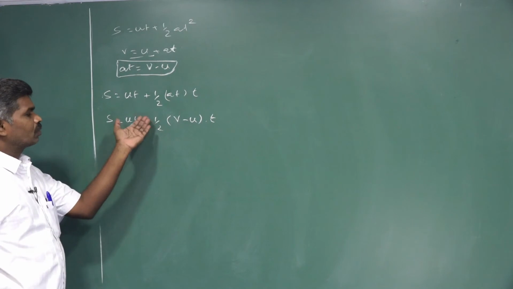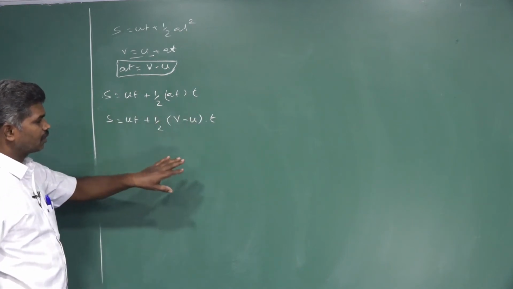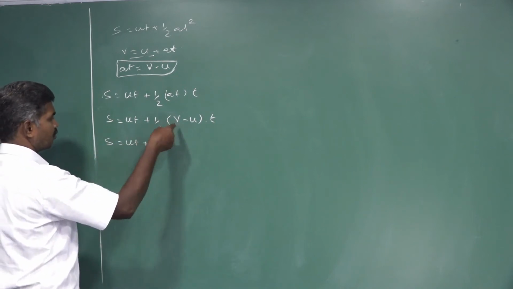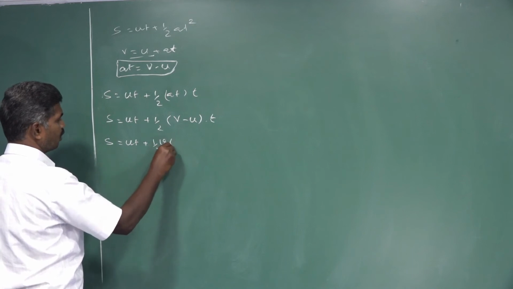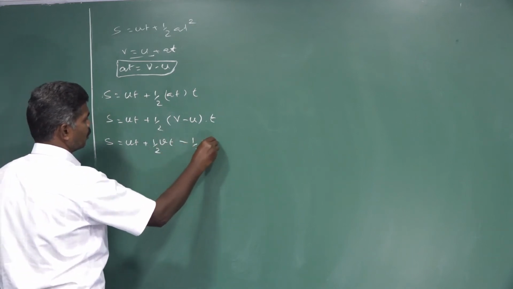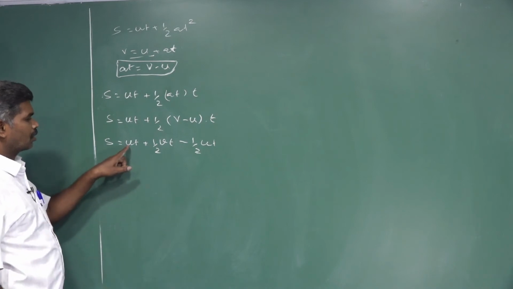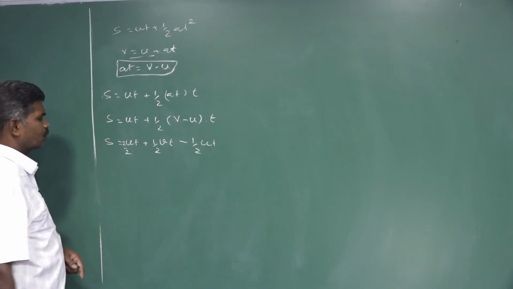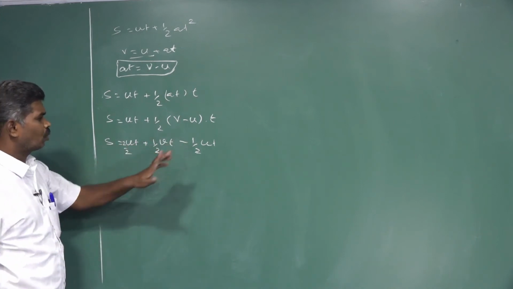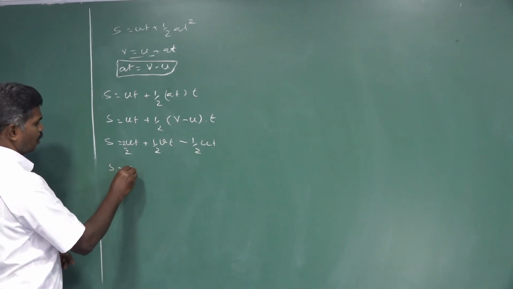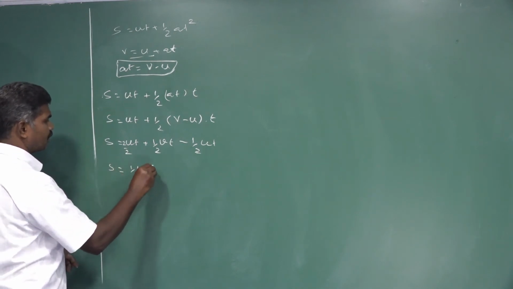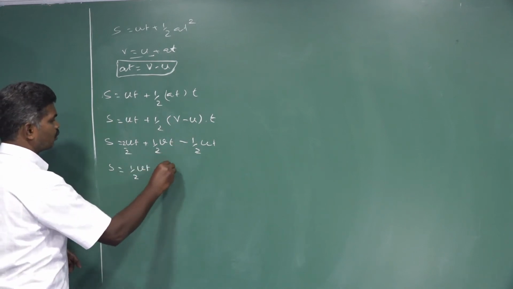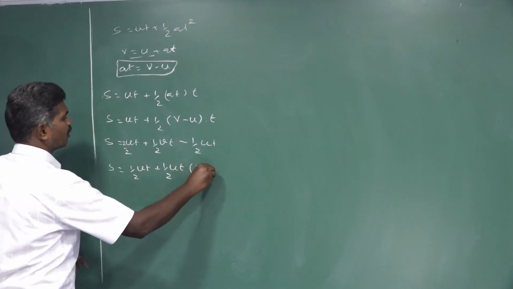Anyhow, we take 1 by 2 inside that equation as well as the t. s = ut + 1/2 vt minus 1/2 ut. So here ut alone, that's 2 by 2, so we have 2 times 1/2 ut minus 1/2 ut, that is 1 time. That's why s = 1/2 vt + 1/2 ut (2 minus 1).